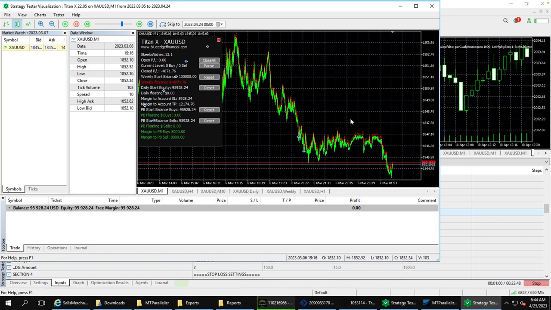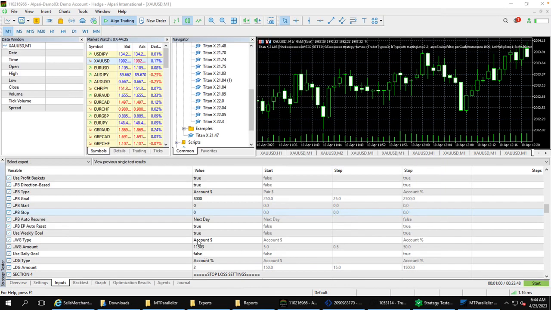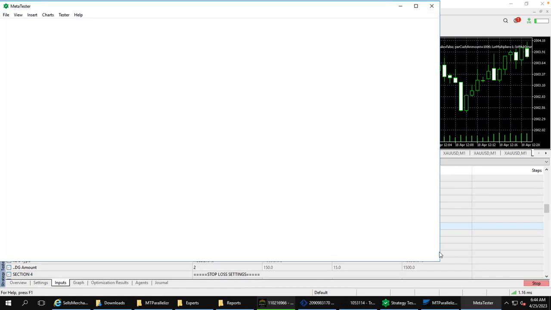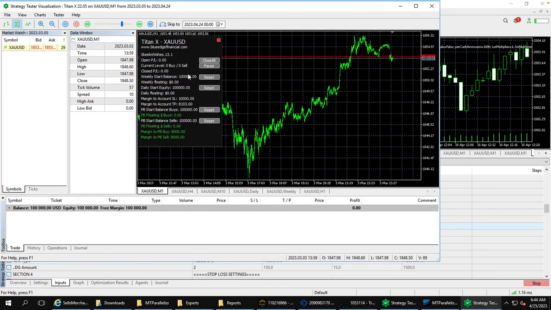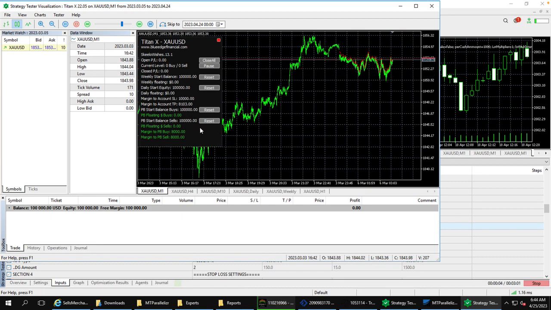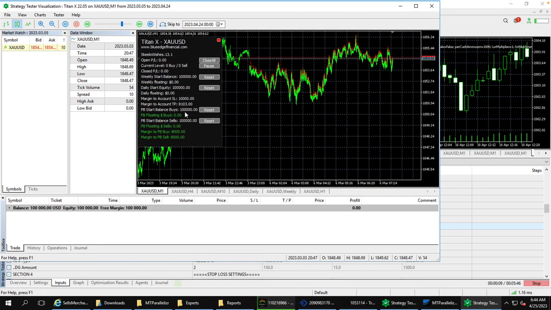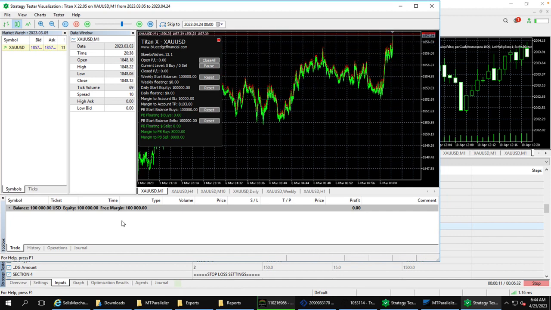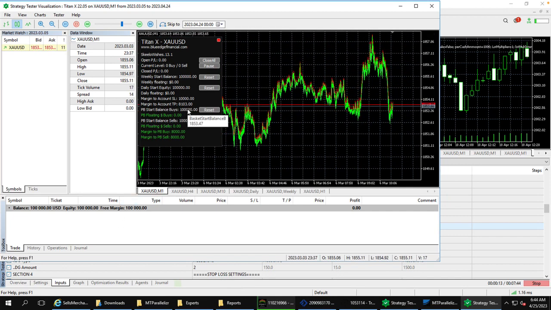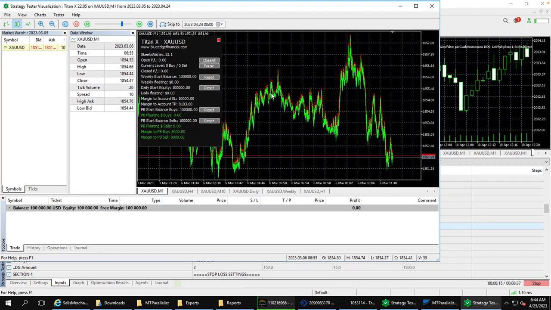So let's say I switch that to false. Let's try that now. Let's switch this to false. Well, we'll see what happens. Now, the start balance is not going to reset. It's going to stay at the 100,000, meaning it's still going to go for that full 8,000 profit.